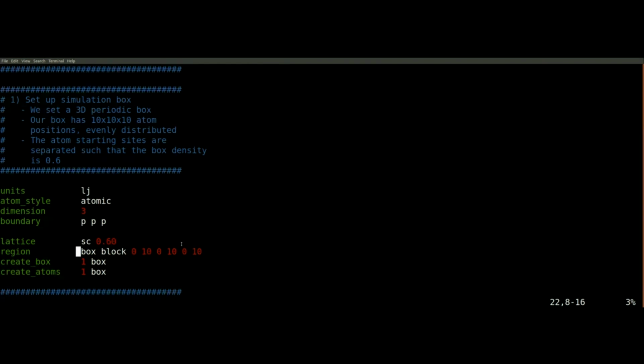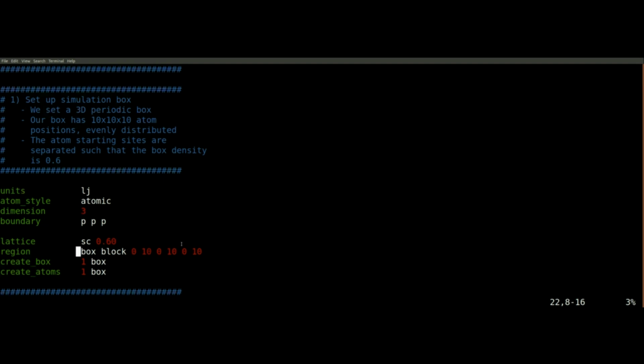So I am building a box which starts at 0 and finishes at 10 in x, starts at 0 and finishes at 10 in y, starts at 0 and finishes at 10 in z, and there is going to be 1 point for every x, y, and z, meaning that I should end up with a 10 times 10 times 10, 1,000 point box.